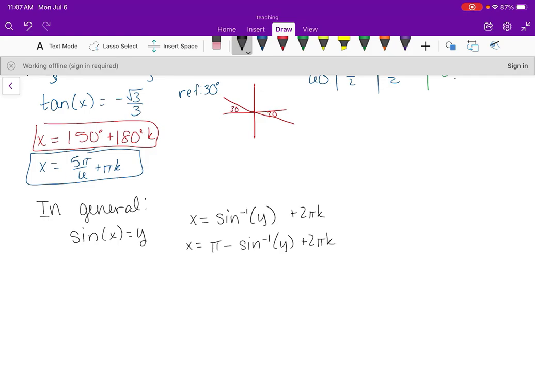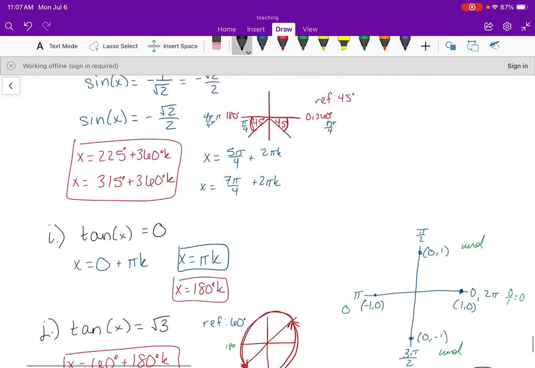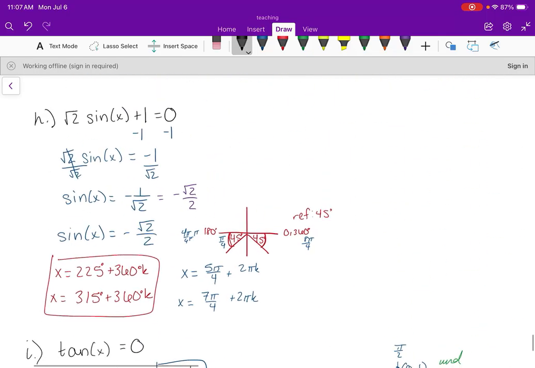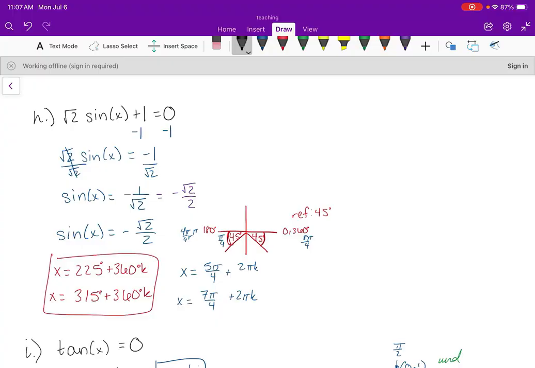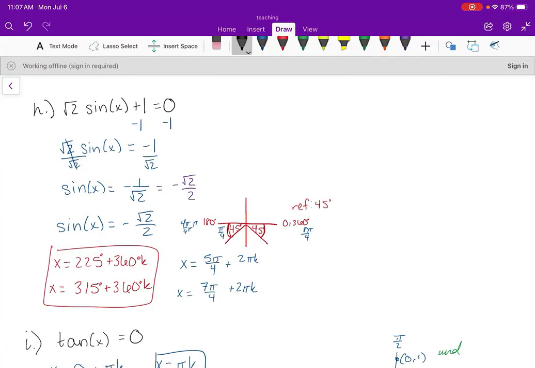So let me show you this inverse way of doing it. If I go back to a sine equation, let's look at h for a minute. If I had put in sine inverse negative square root 2 over 2, the answer that it would have given me would have been negative 45 degrees, which is 315.